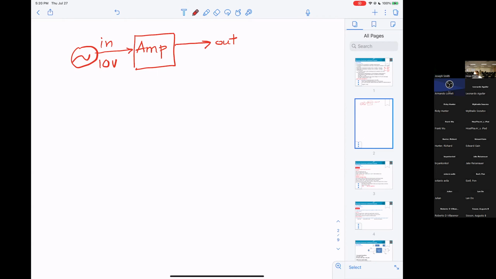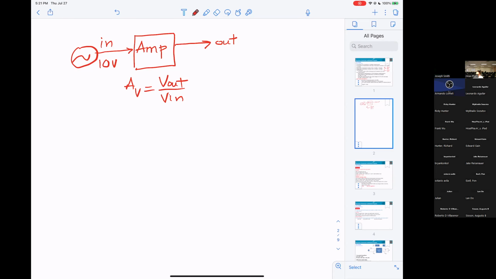So basically, if you want to calculate the gain, AV equals V out over V in.